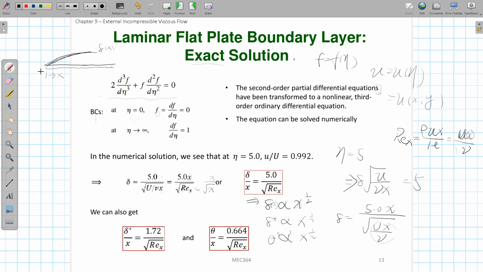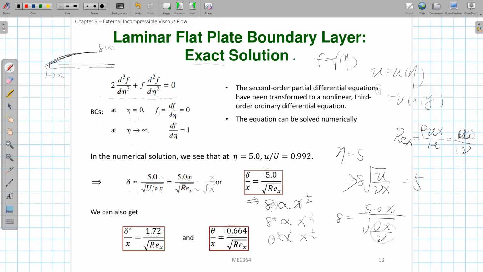They are definitely increasing with x, and the rate of increase is proportional to this. Also you can find that the coefficient is different. So this is for delta, this is delta star, and this is 0.9964, right? So this coefficient is larger than this one, and larger than this one.